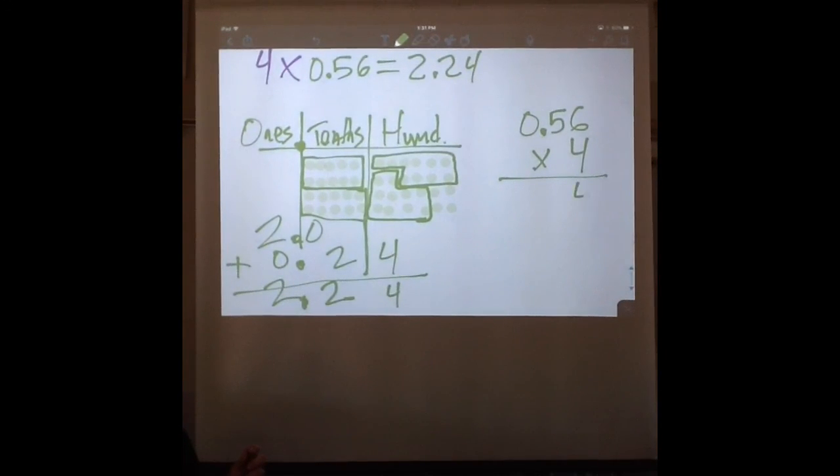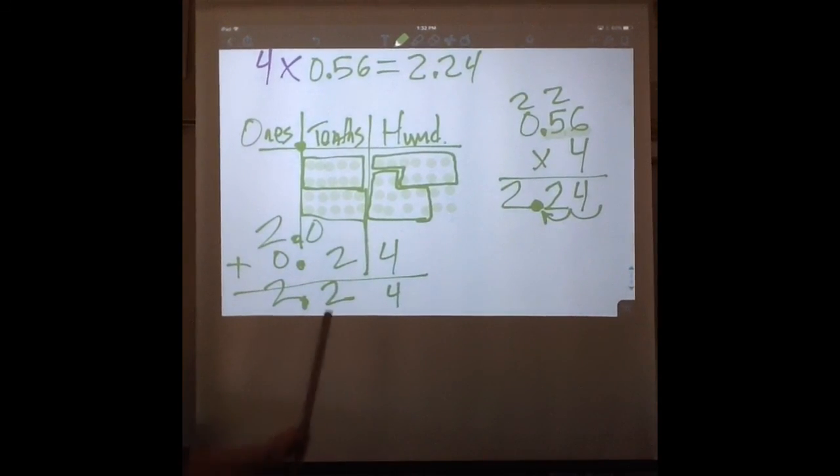Carry the 2. 4 times 5 is 20 plus 2, 22. Carry the 2. 4 times 0 is 0, plus 2 is 2. And then how many places do we have behind the decimal? 2. 1, 2.